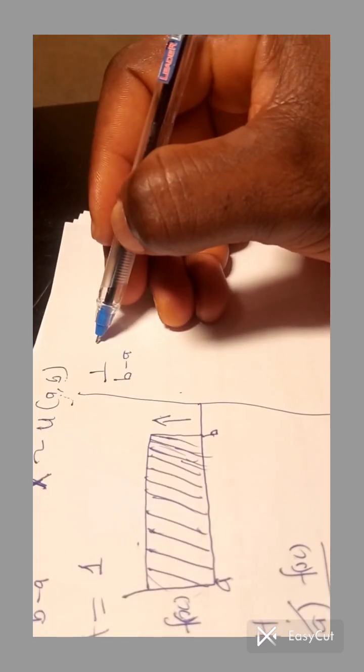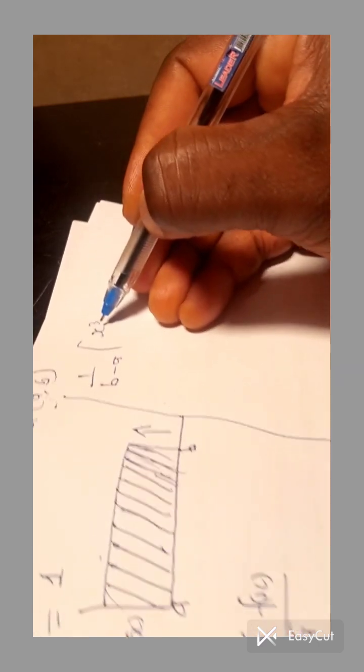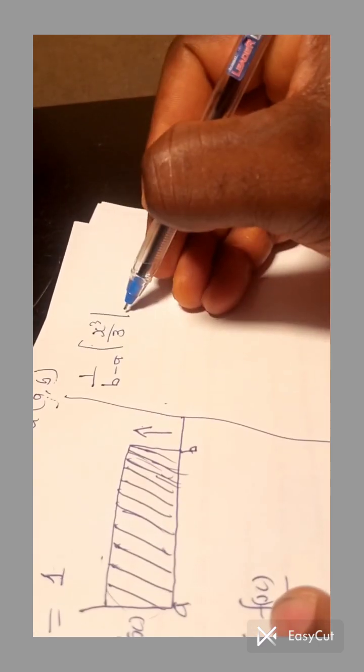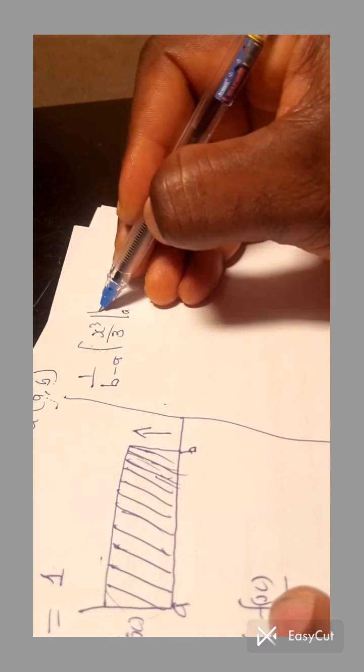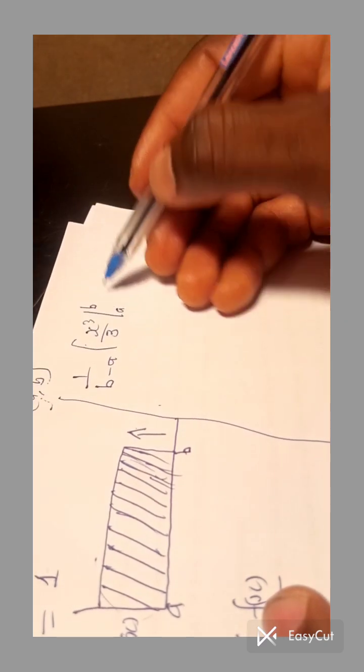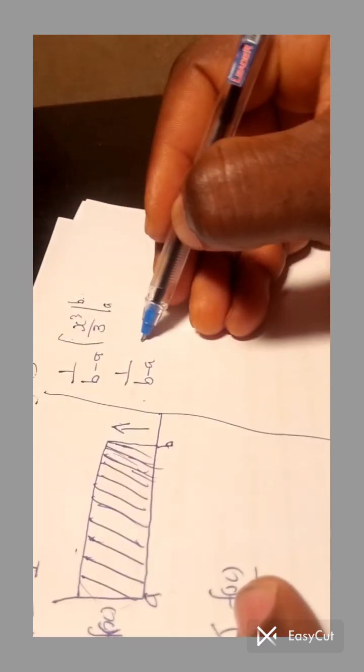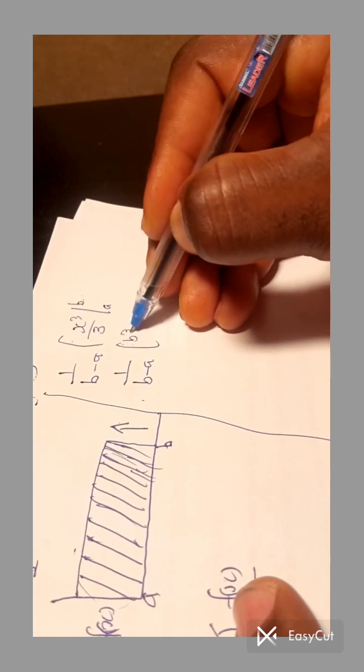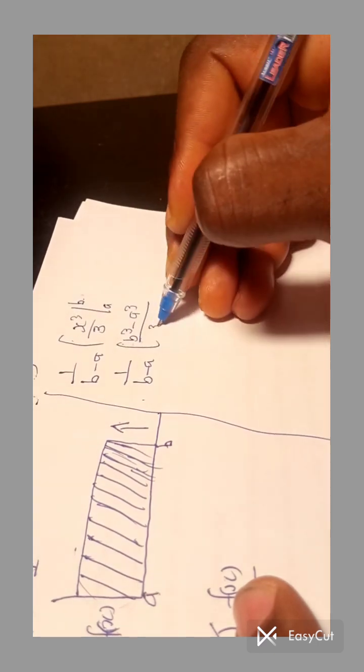We have 1 over b minus a. If we integrate this very one here, we are going to get x raised to the power of 3 over 3, and that ranges from a to b. And like we did before, we are going to have b cubed minus a cubed all over 3.